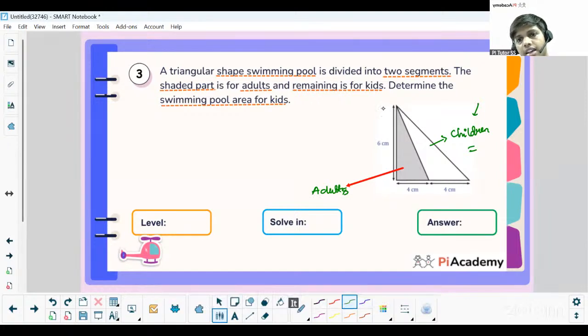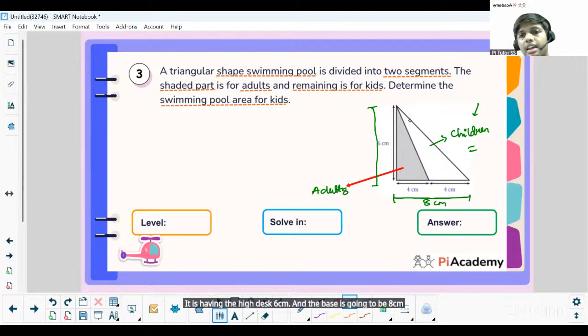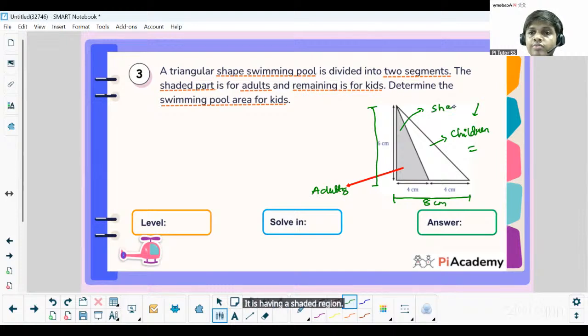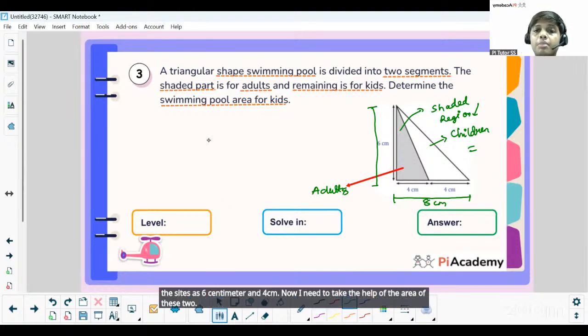It has a height of 6 centimeters and a base of 8 centimeters for the entire triangle. The smaller triangle, which is the shaded region, has sides of 6 centimeters and 4 centimeters. Now I need to take the help of the area of these two triangles to get my final answer.